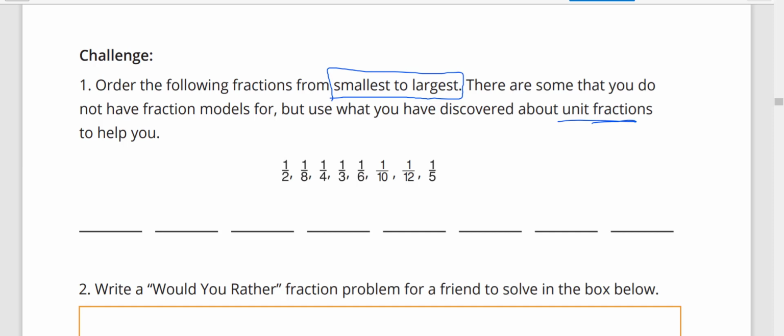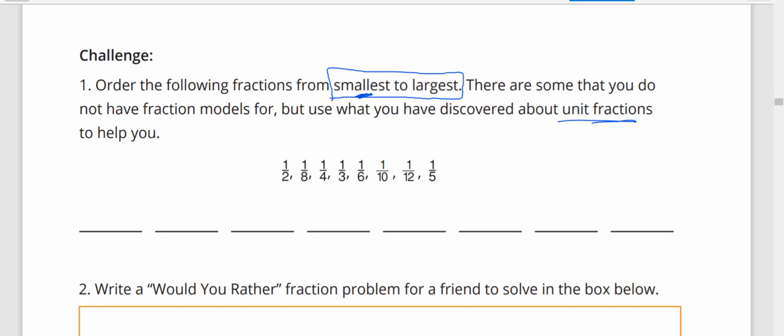So the fraction that has the smaller denominator is the greater. So if we have a half, eighth, fourth, third, sixth, tenth, twelfth, and fifth, we want to arrange these fractions from the smallest. To get the smallest fraction, will its denominator be small or large? Its denominator will be large.